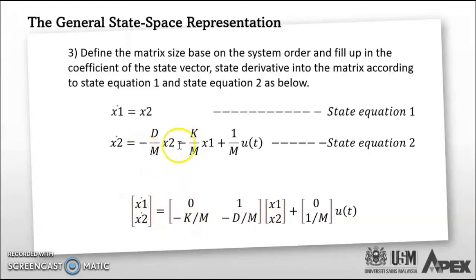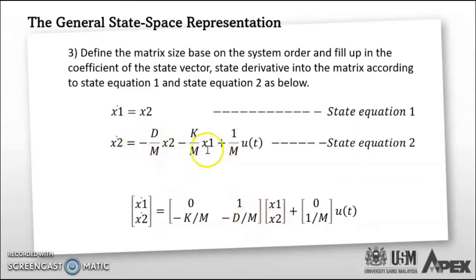If you could see here, there's an x1 term, represented by negative k over m times x1, you get this term. And then there's an x2 term as well, negative d over m times x2, so you get this.